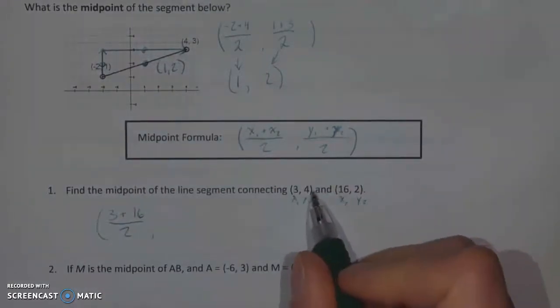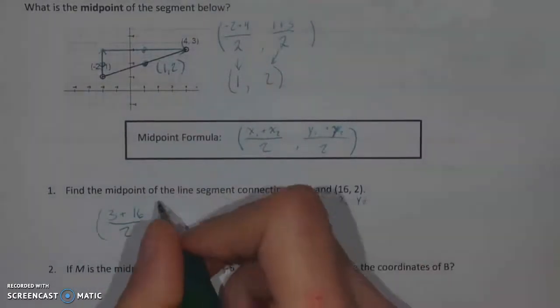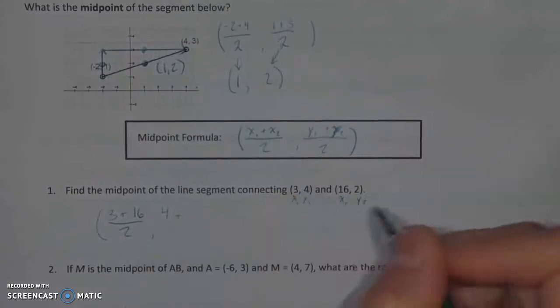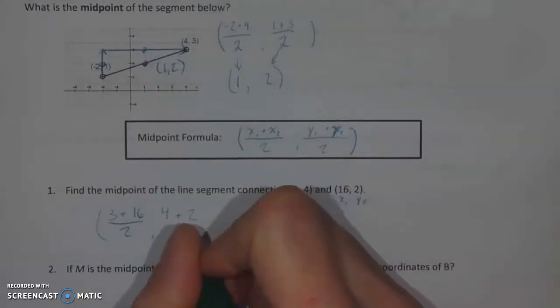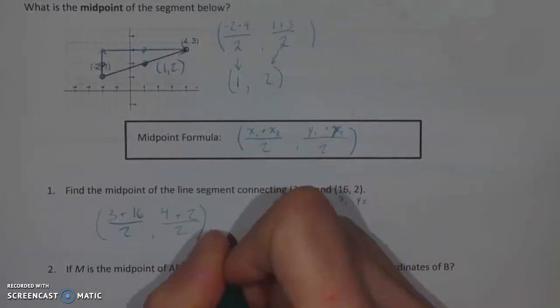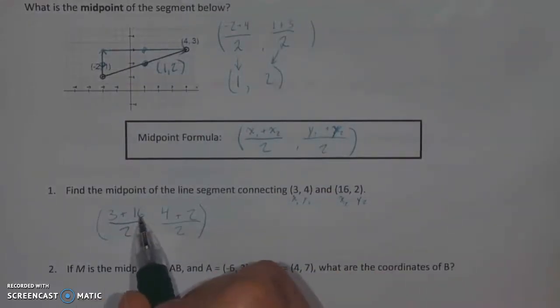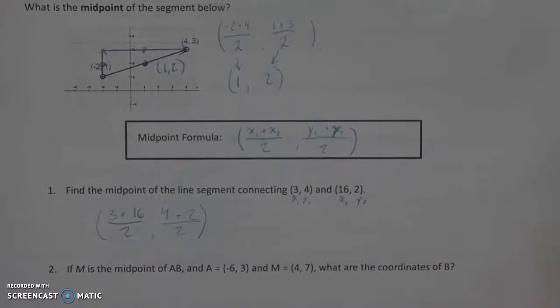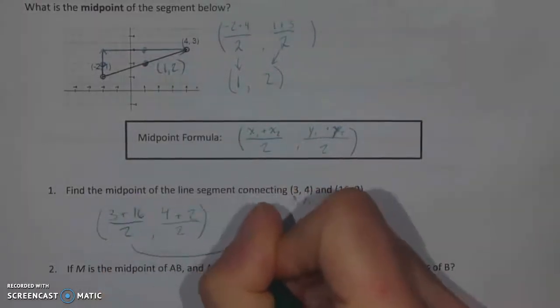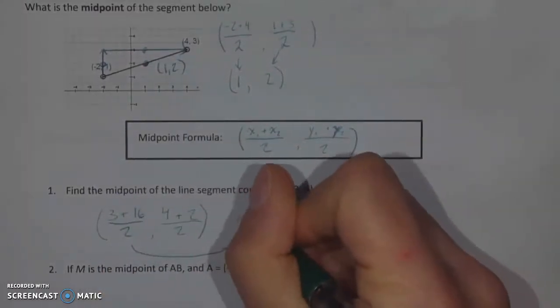And for my y, I have my y1, 4, plus my y2, 2 over 2. So this is going to give me 3 plus 16, which is 19, and 19 divided by 2 gives me an answer of 9.5.